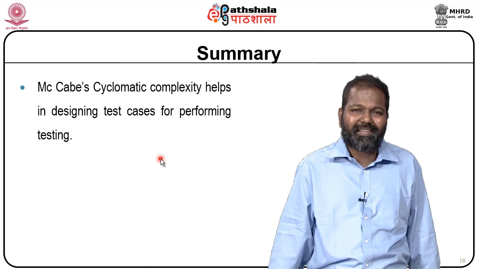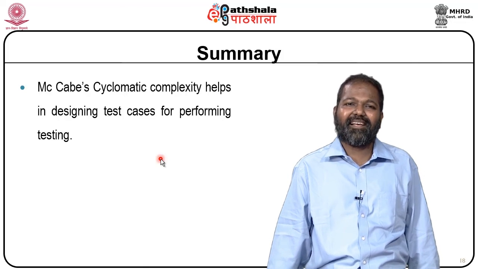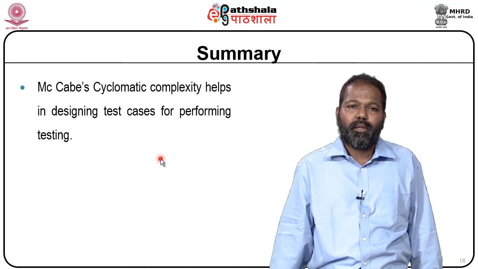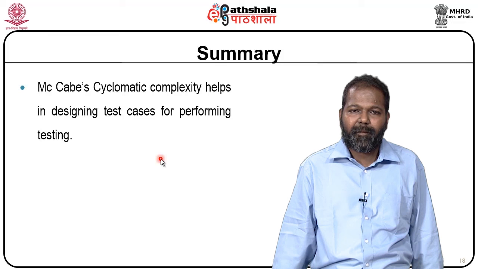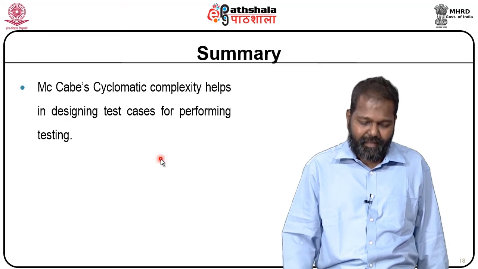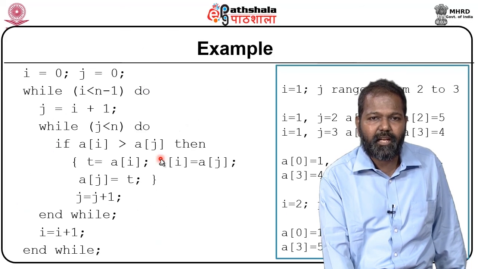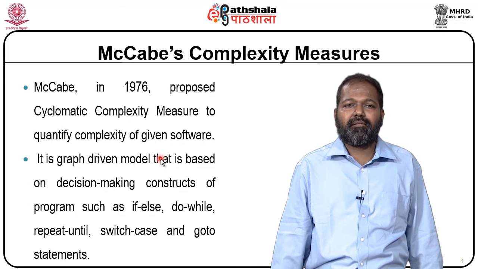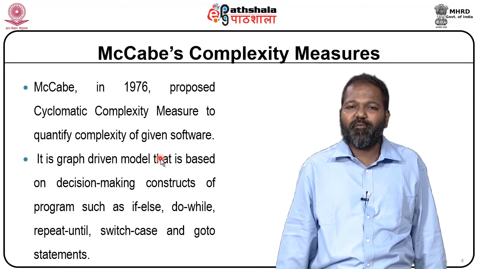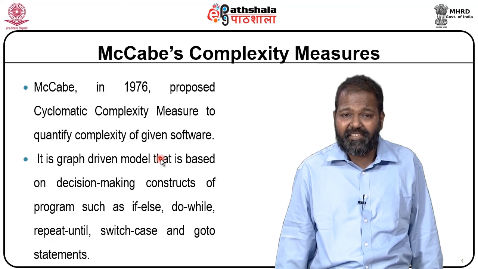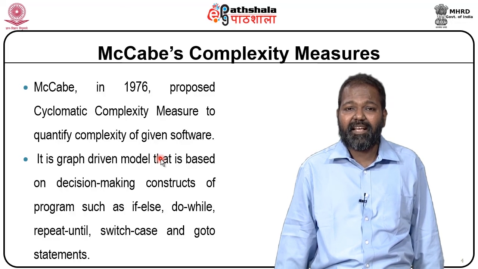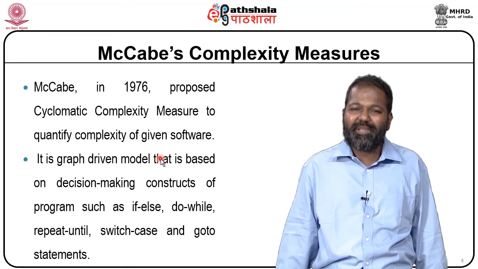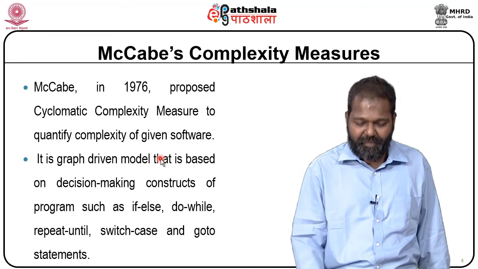Through this example, we have discussed how to model a control flow graph with while statements and if statements. As I have mentioned in my initial slide, you can construct a control flow graph on decision making constructs of programs such as if else, do while, repeat until, switch case and go to statements.